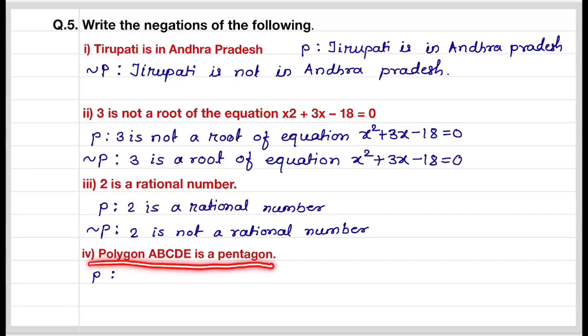Your statement is polygon ABCDE is a pentagon. Write this statement as P. Polygon ABCDE is a pentagon.